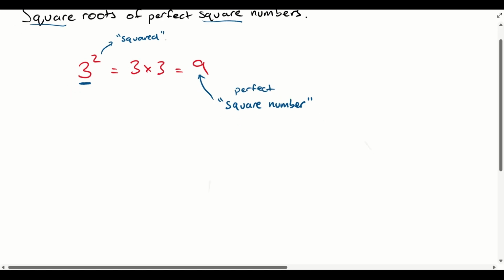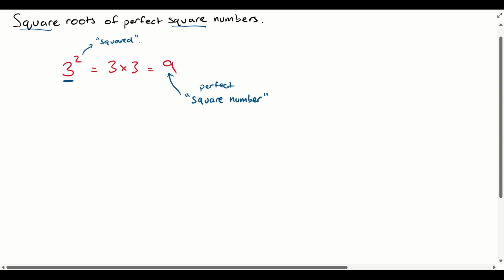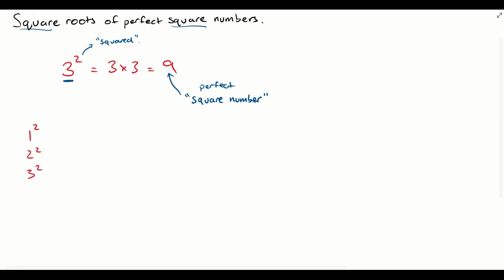Let's have a look at some more perfect square numbers. So for example, 1 squared, 2 squared, 3 squared, all the way up to 12 squared. So all of our times tables.